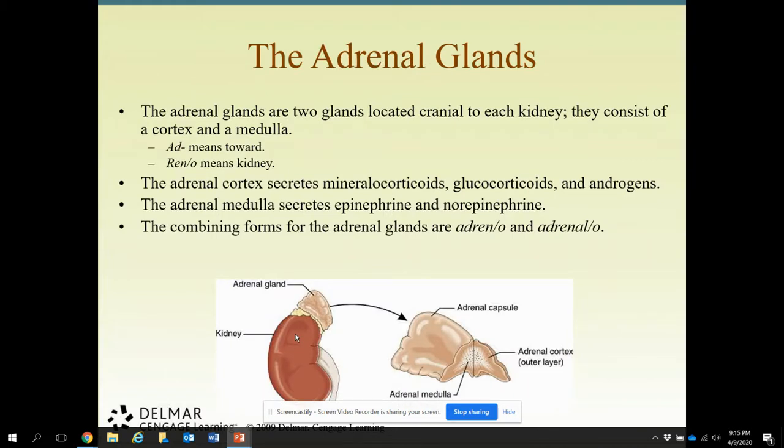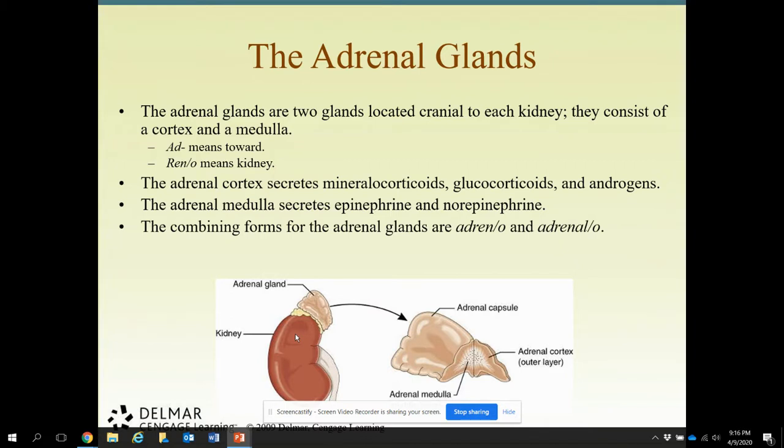Adrenal glands, so with our ferrets, a lot of times they have adrenal gland tumors, so tumors on the adrenal glands, and it starts to affect the adrenal gland and how it can function. So adrenal glands are 2 glands.